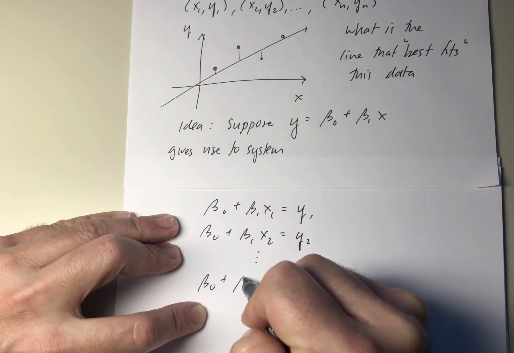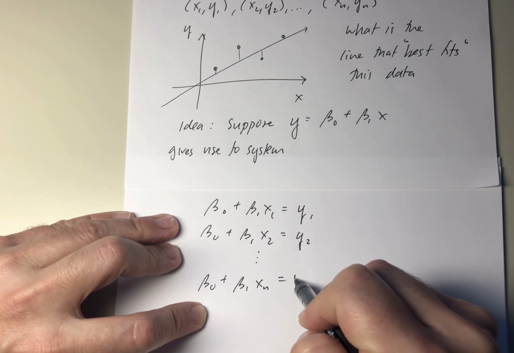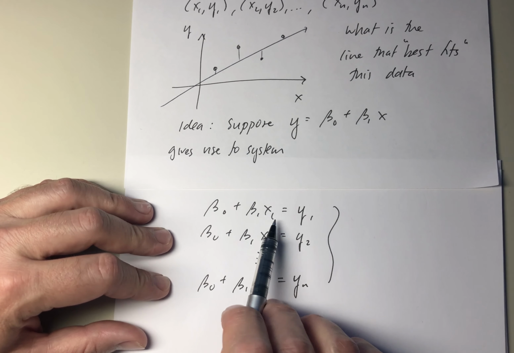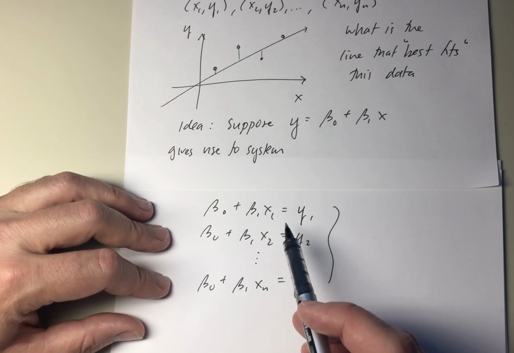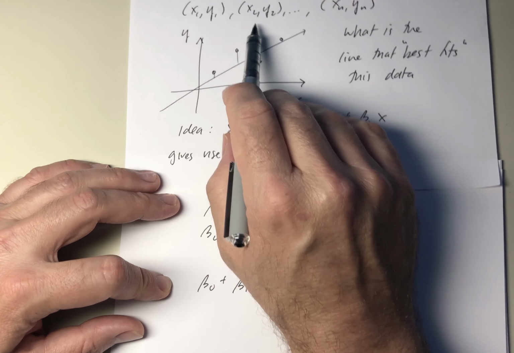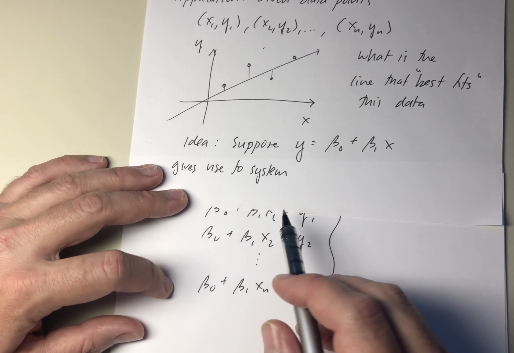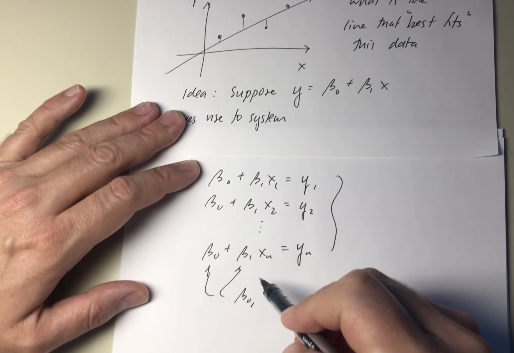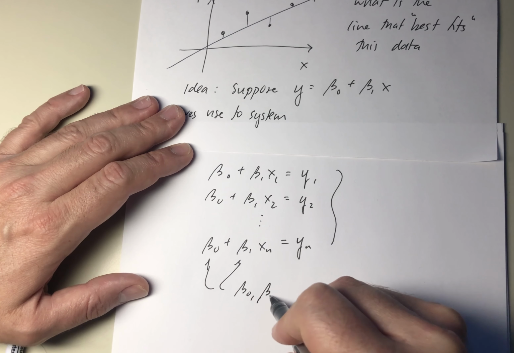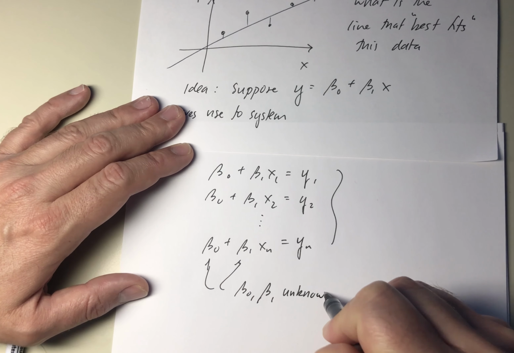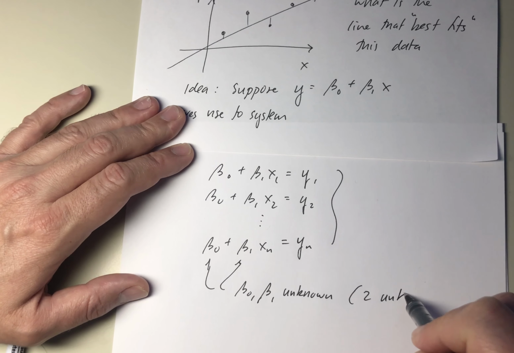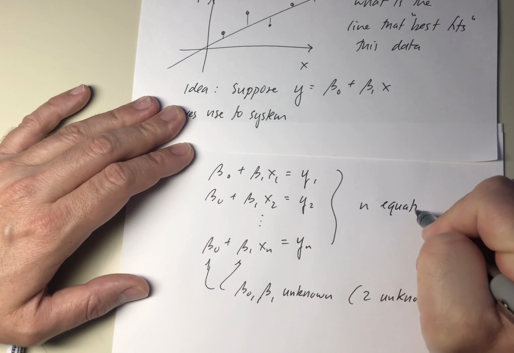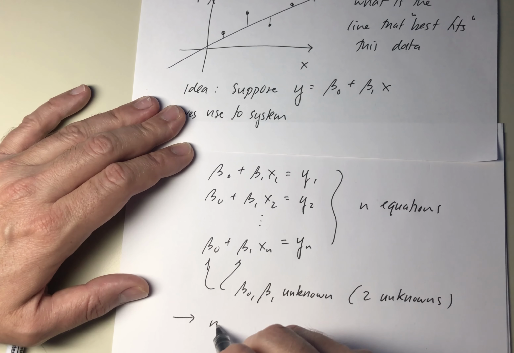For every point, I get an equation. The x's and y's are the data points you were given, so what's unknown are beta naught and beta 1. We have two unknowns and n equations, so this gives me an n by 2 system.